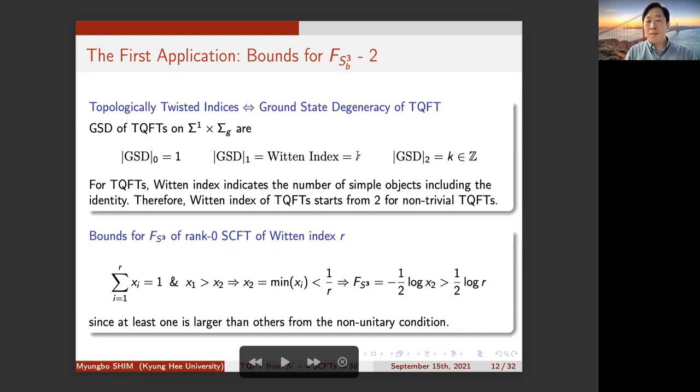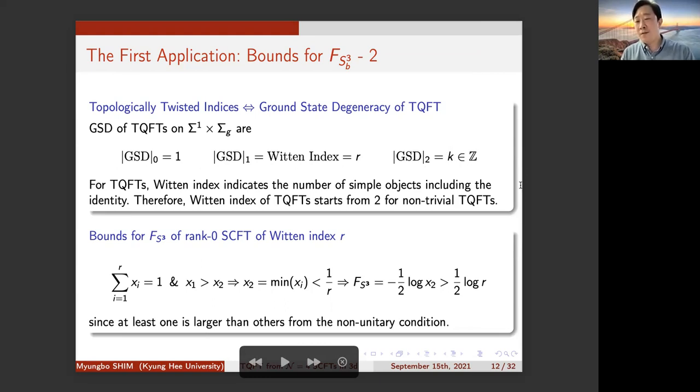The equation regarding Witten index R is just a trivial equation, but it is used for the lower bound of the three-sphere free energy of a rank-0 theory which has Witten index R. The next meaningful equation is the genus 2 case, which has some integer value.